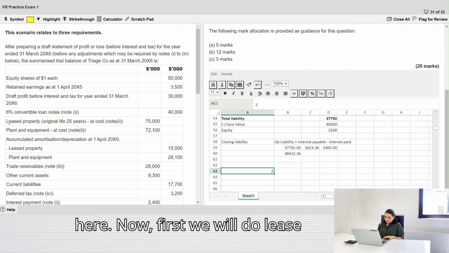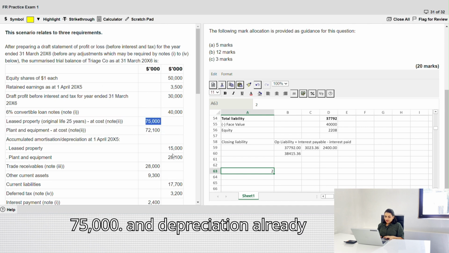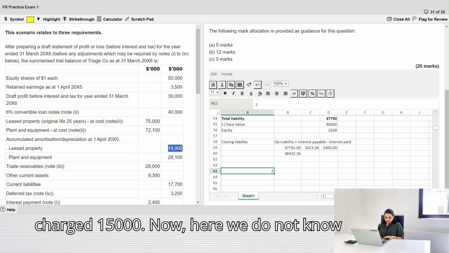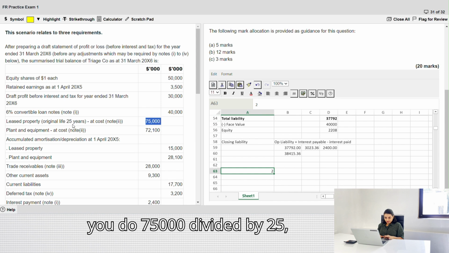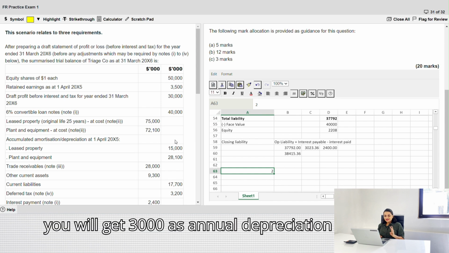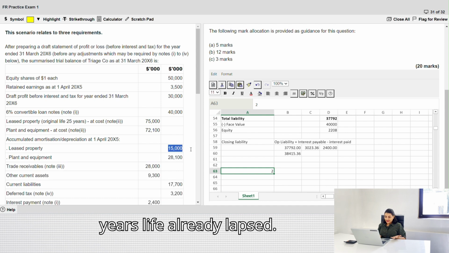Now, first we will do lease property. Original cost 75,000 and depreciation already charged 15,000. Now, here we do not know how much life has happened. So, simply if you do 75,000 divided by 25, you will get 3,000 as annual depreciation and 15,000 already charged. So, that means 5 years life already lapsed.